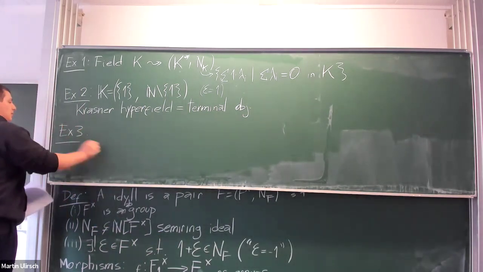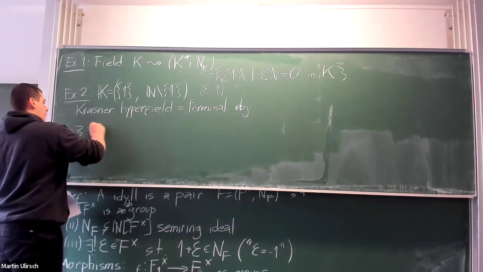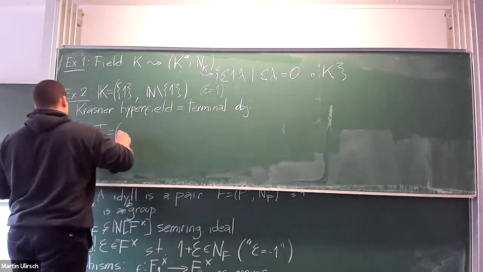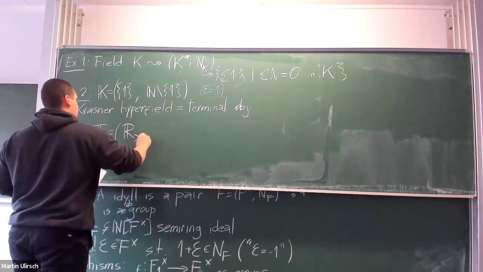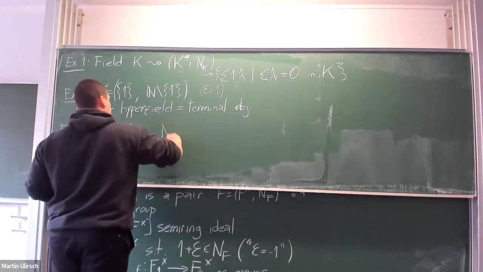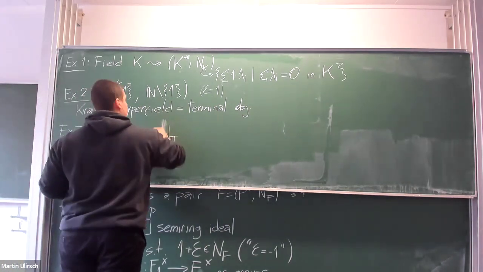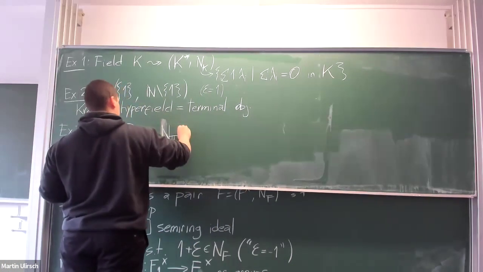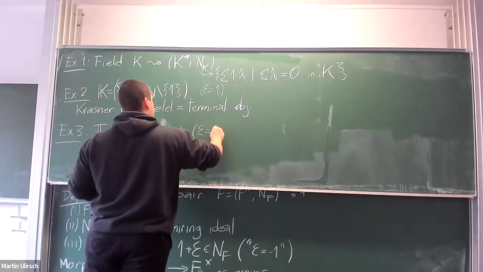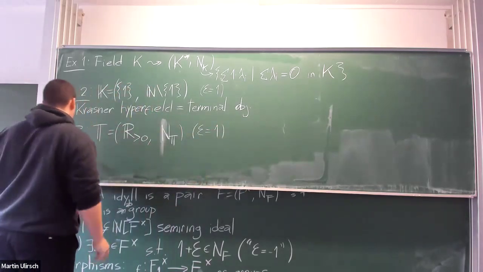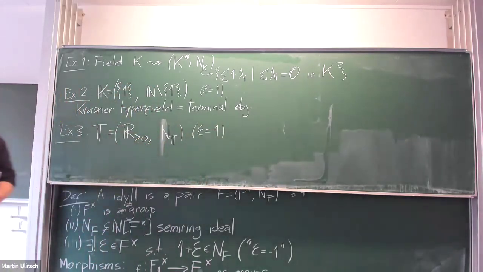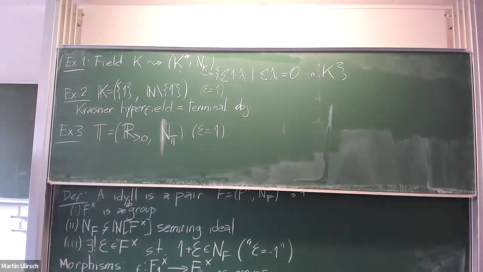For example, maybe the most interesting for you, being about tropical geometry, is the tropical hyperfield. Again, minus 1 is equal to 1. So the morphisms also must send epsilon to epsilon. Yes, but I think that we can prove that; it actually follows from this.